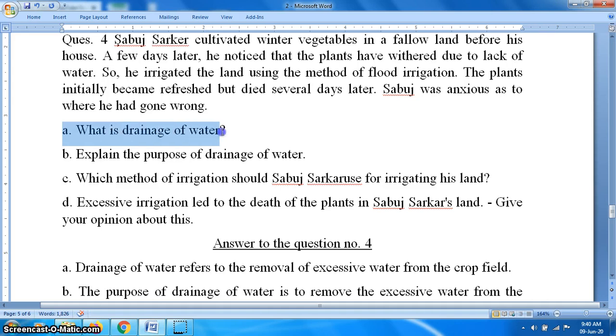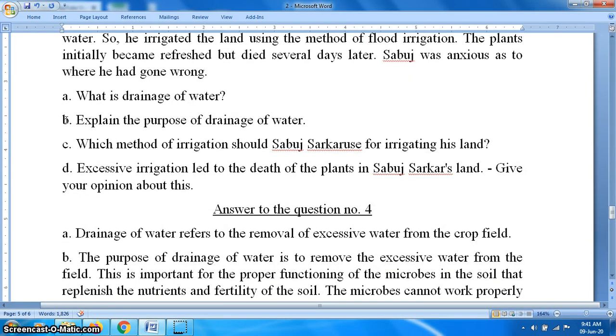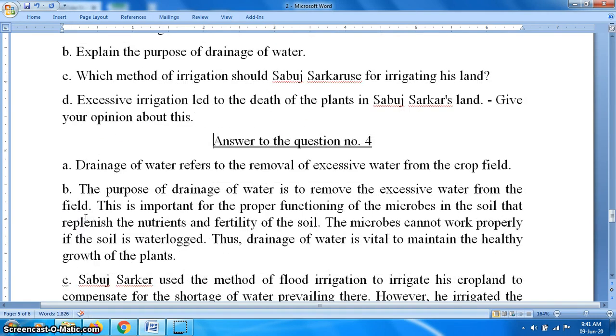Question A. What is drainage of water? Answer. Drainage of water refers to removal of excessive water from the crop field. Question B. Explain the purpose of drainage of water. The purpose of drainage of water is to remove the excess water from the field.